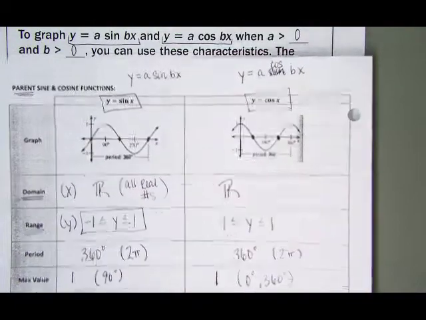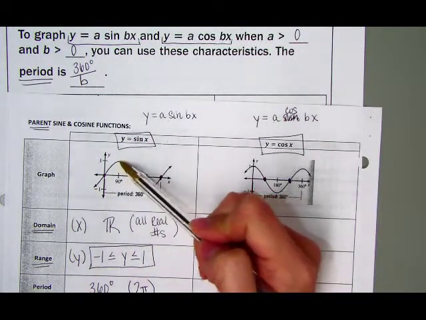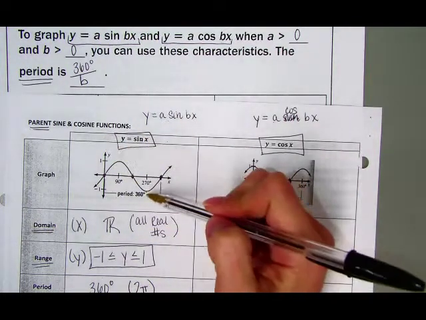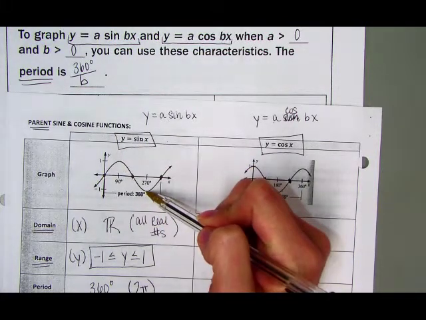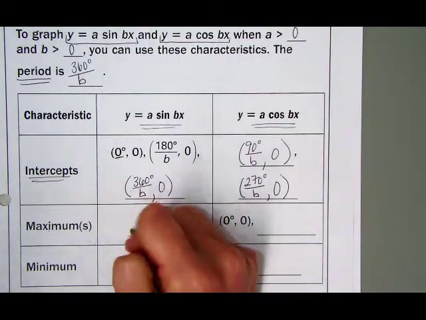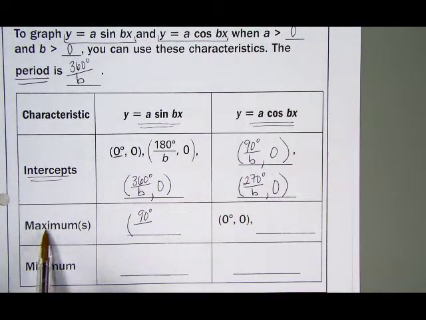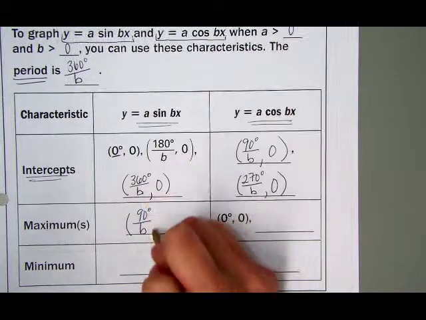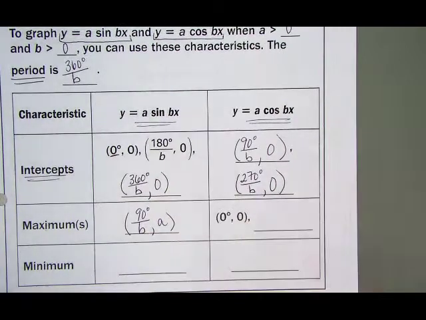Going back to our sine function over here, our maximum happens at 90 degrees, right? And then our minimum happens at 270 degrees. Now these are also going to get scaled by whatever our b value is if it's not 1. So since our maximum happens at 90 degrees, we can find our maximum of any sine function by dividing that by whatever our b value is. And then this is going to occur at our a value.